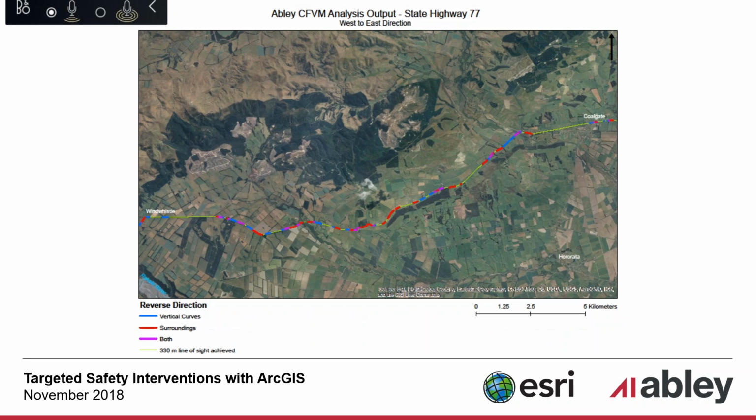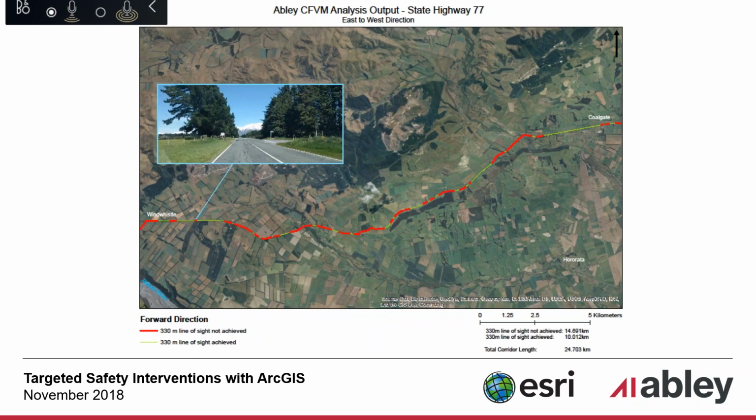We can also identify whether or not the forward visibility is lost due to vertical terrain or through surroundings, meaning it's lost due to horizontal alignment, or whether it's lost due to both. And the analysis is directional. So previously we were looking in the west to east direction, now we're looking east to west.